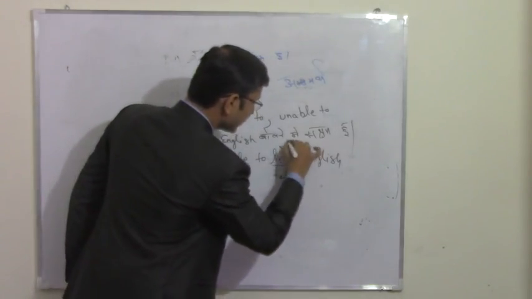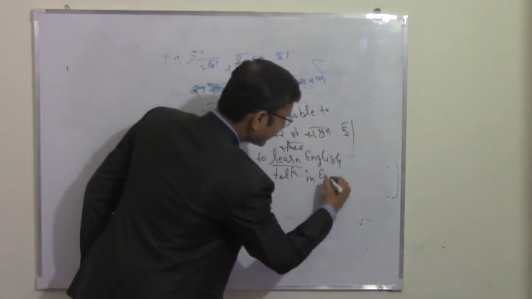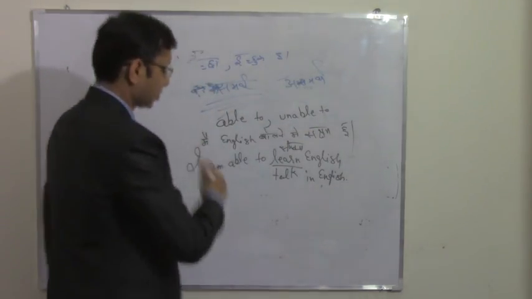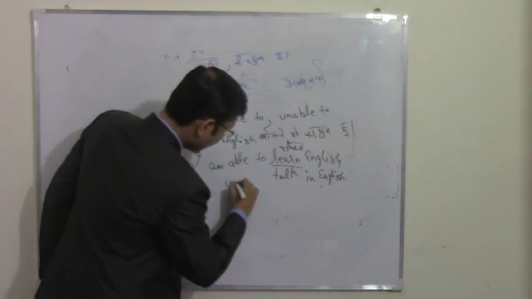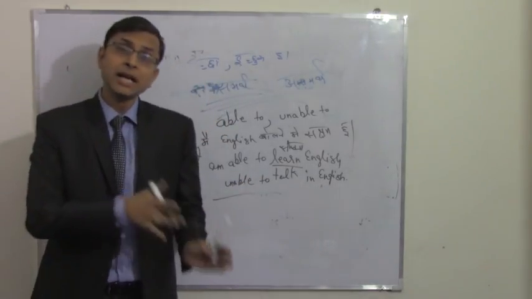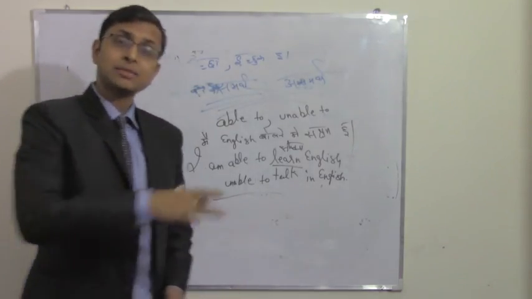Learn is basically सीखना. So I'm able to talk in English. और सक्षम नहीं हूँ, I am unable to. That would be unable to. I am unable to. वो ये काम करने में सक्षम है. He is able to do this work.